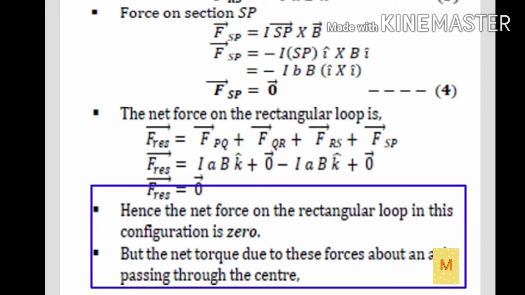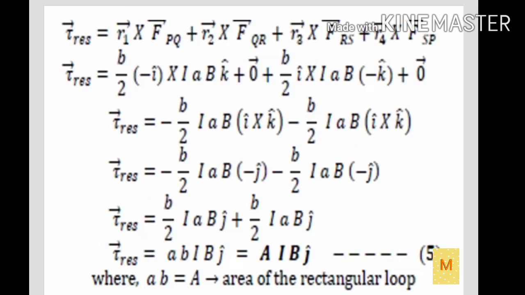But the net torque due to these forces about an axis passing through the center can be written as resultant torque tau vector is equal to R1 vector cross FPQ vector plus R2 vector cross FQR vector plus R3 vector cross FRS vector plus R4 vector cross FSP vector. Now all the vectors in the right hand side must be replaced by the respective unit vectors.